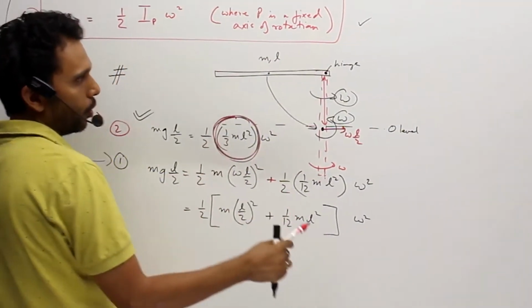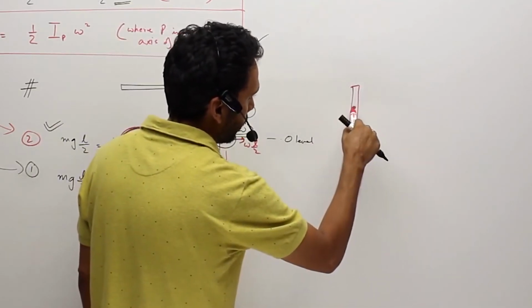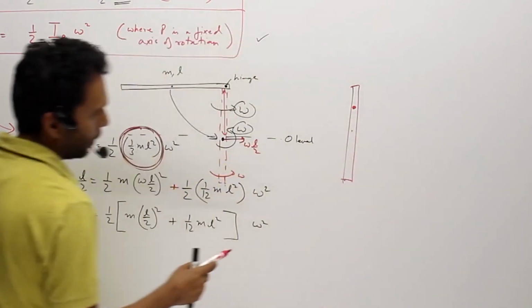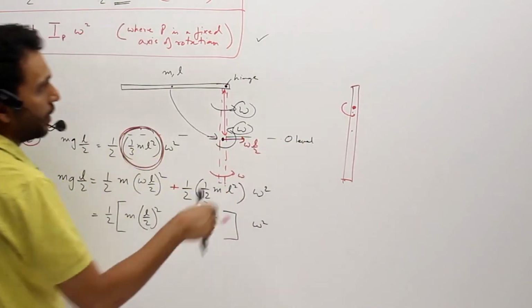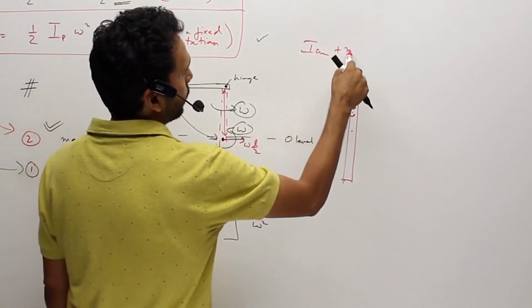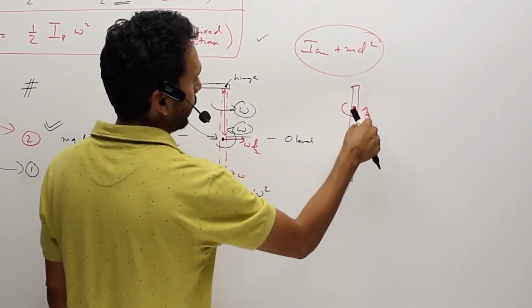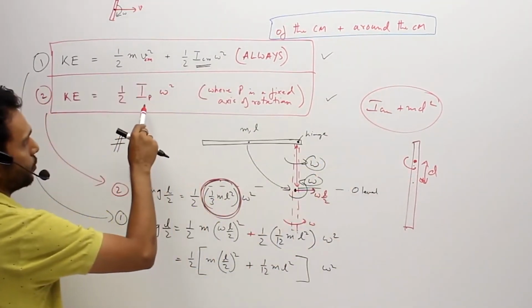In fact, if this very body was not rotating about the end point and I said it was rotating about some other point, say L by 4 over here, then how would you have done it? You would have found the I about this point, applying your ICM plus MD square, and then applied this formula.